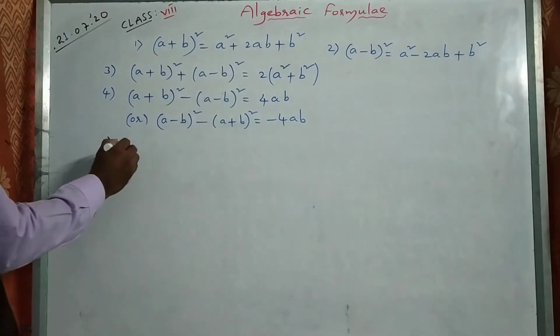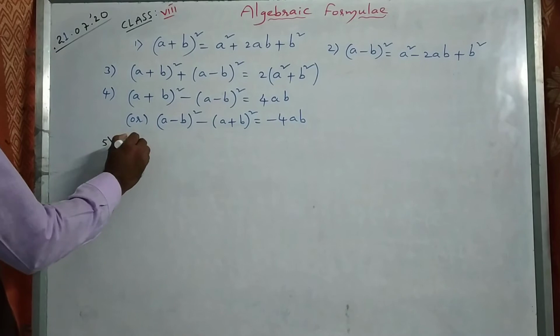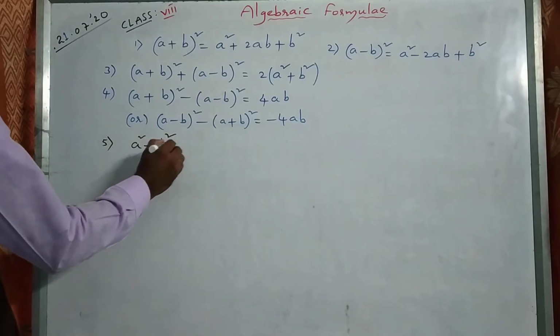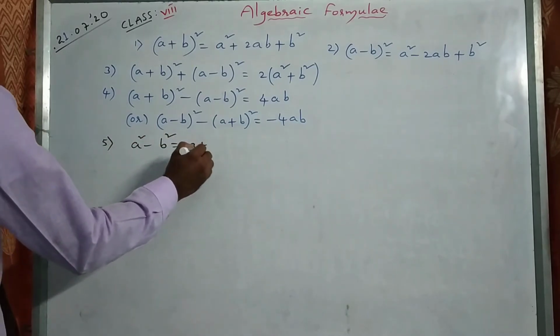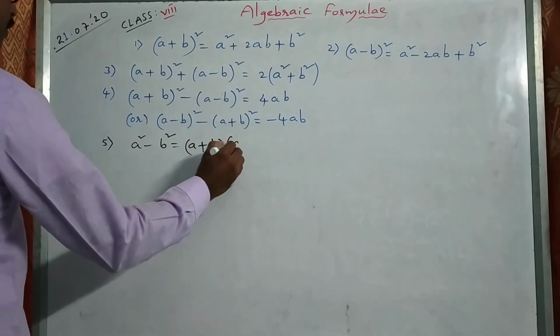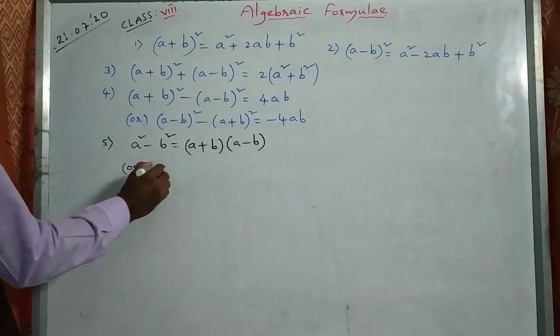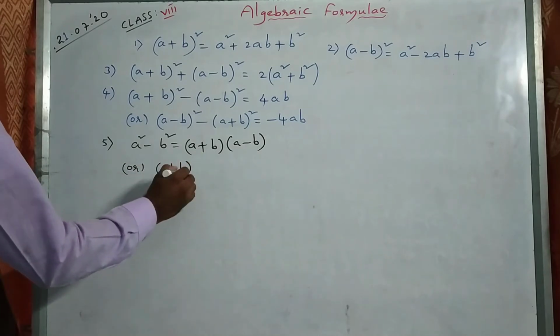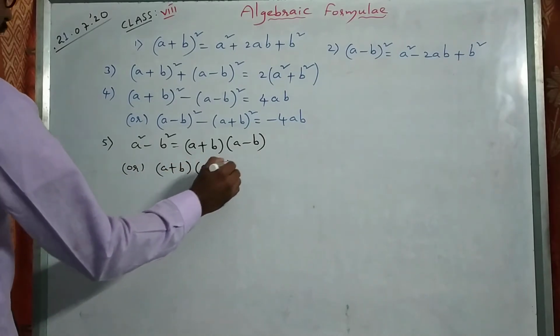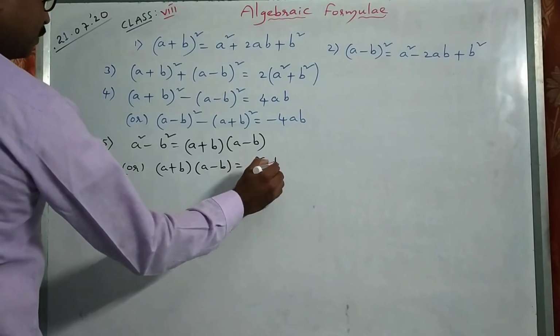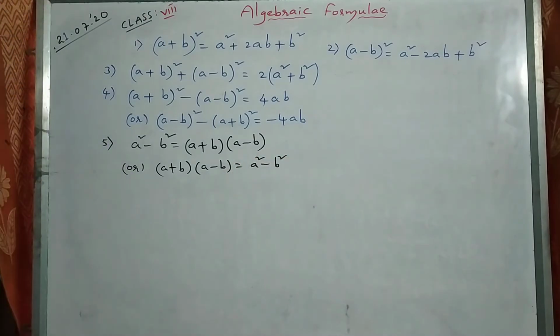Okay. Similarly, important formula is a square minus b square equal to (a plus b) into (a minus b), or (a plus b) into (a minus b) equal to a square minus b square.